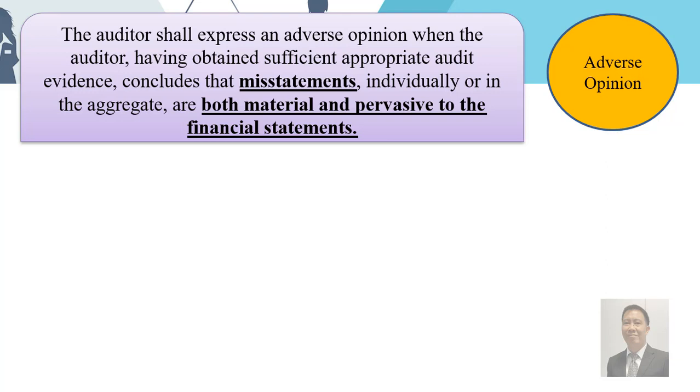When you talk about pervasive effect, unlike with the previous illustration where there is "except for," meaning only because of this they are modifying the report, adverse opinion is quite different. The effect is huge. The impact is really persistent, so much that it can affect several items in the financial statements, especially the presentation.